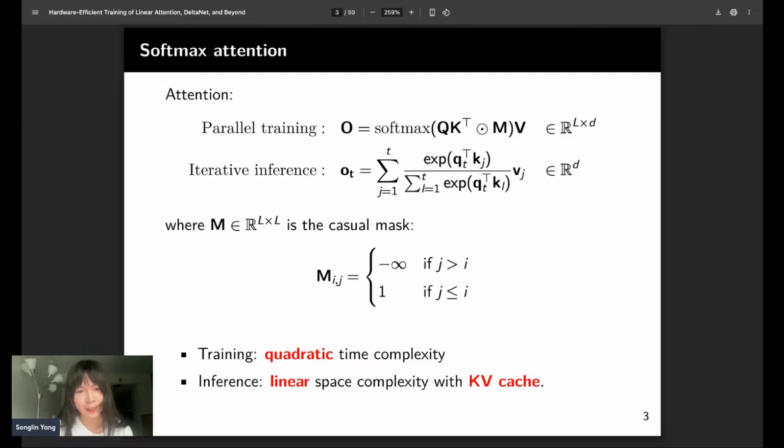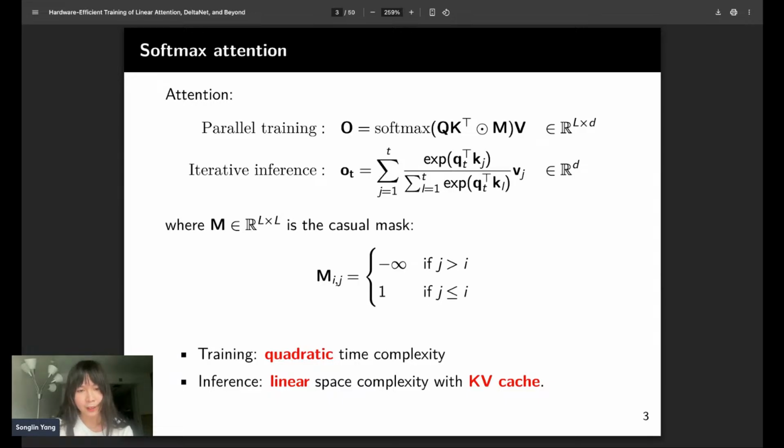We all know that softmax attention has several efficiency issues. The first lies in training efficiency, due to the quadratic scaling of the softmax attention mechanism. This can be very problematic when the sequence length is really large, for example in the million level, which is often the case in video generation or DNA or RNA modeling. In these scenarios, self-attention tends to be the key bottleneck.